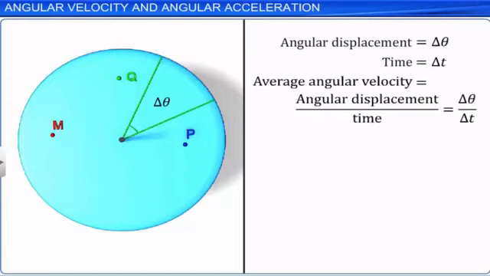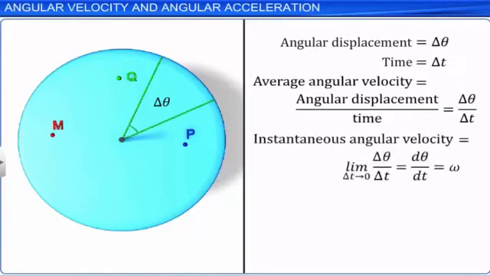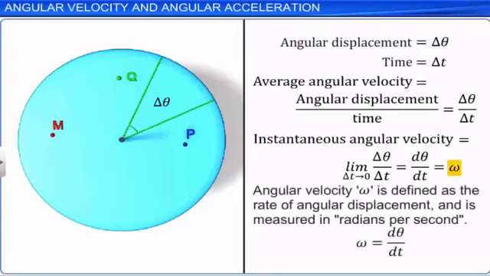The limit of this ratio as delta t tends to 0 is called instantaneous angular velocity and is represented by omega. Angular velocity omega is defined as the rate of angular displacement and is measured in radians per second. Note that the angular velocity is a vector quantity.